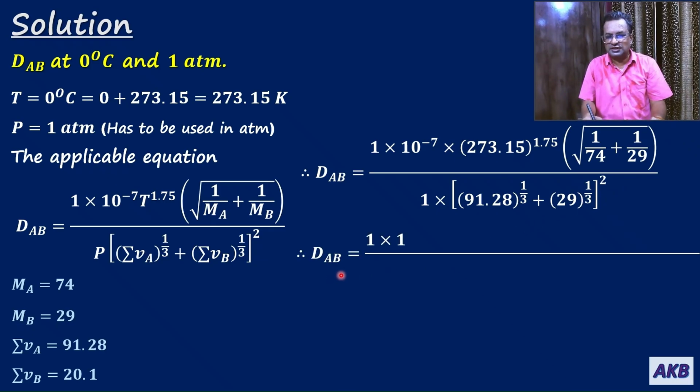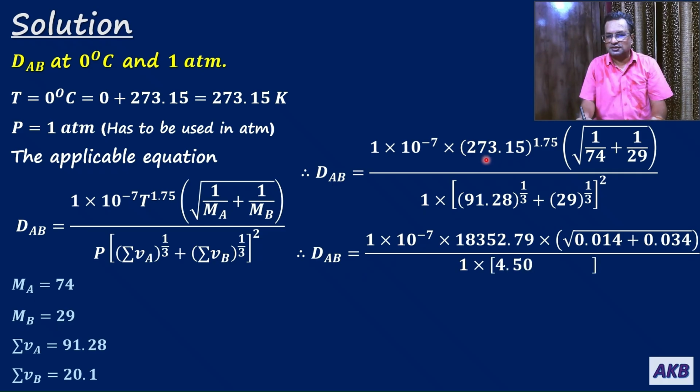That gives us DAB as 1 into 10 to the power minus 7, this 273.15 raised to 1.75 is 18352.79 into under root of 1 upon 74 is 0.014, 1 upon 29 is 0.034, divided by 1 into 91.28 raised to 1 by 3 is 4.50, 20.1 raised to 1 by 3 is 2.72.